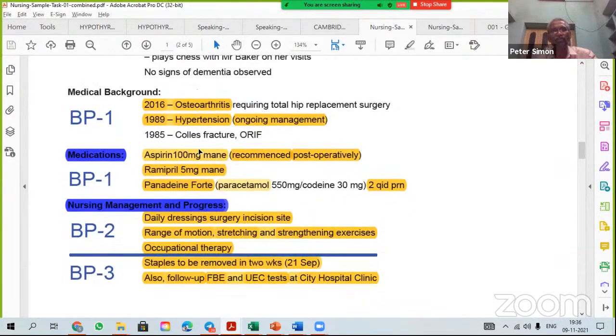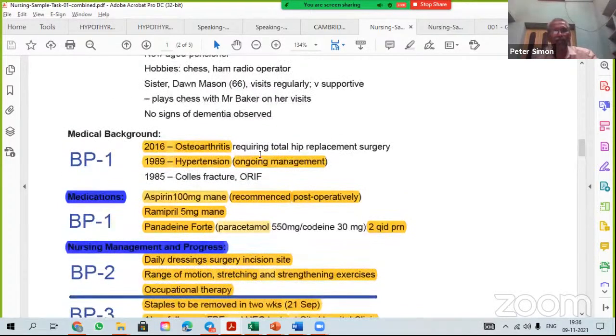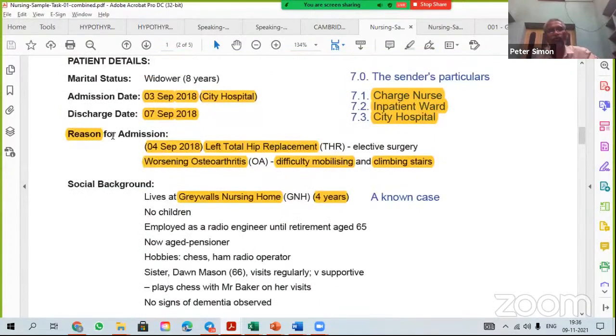Now for these things, these are the medications you are doing. Now let us see here. Reason for admission: 4th September 2018, left total hip replacement. So now another point has come. The first one is surgery.